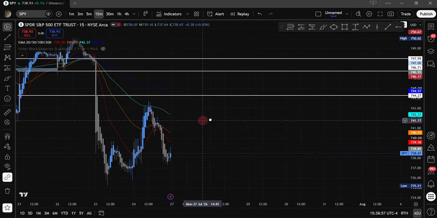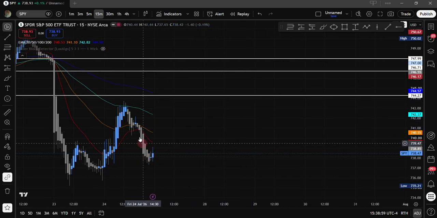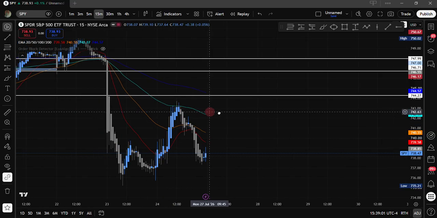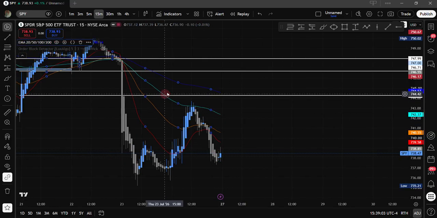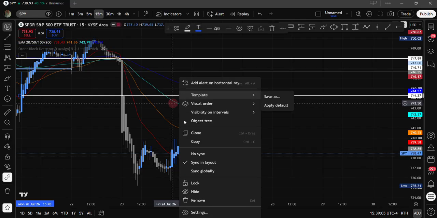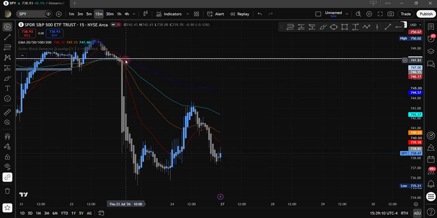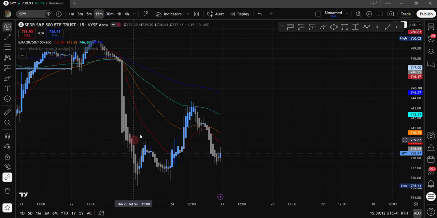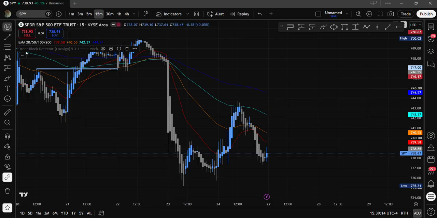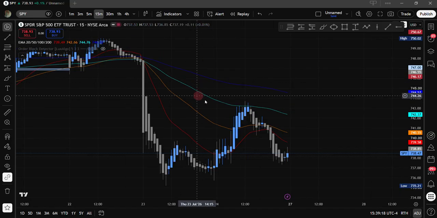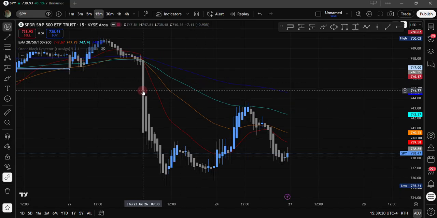Each and every one of these candles indicates 15 minutes of price movement. For example, this is, I believe, when the market had opened, 9:30 Eastern time.